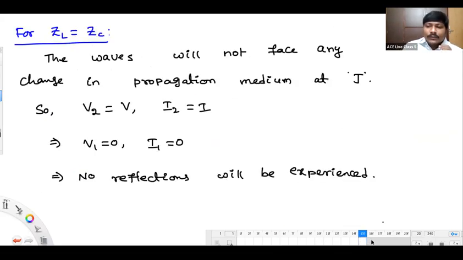So let's continue. First I will take up open circuit line wave propagation. Next I will take up short circuit line wave propagation. Then, based on the results of the two, we construct the Thevenin equivalent model.